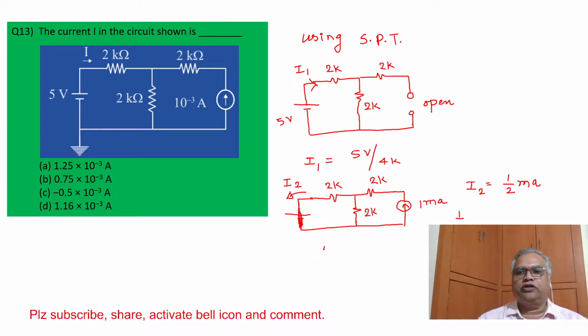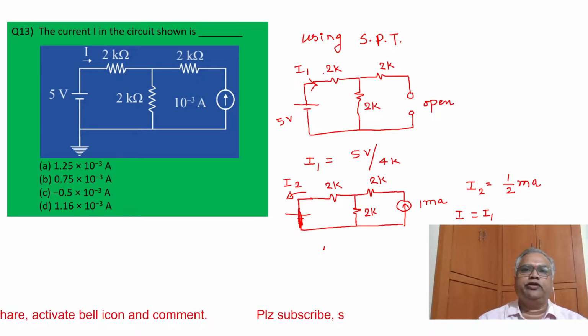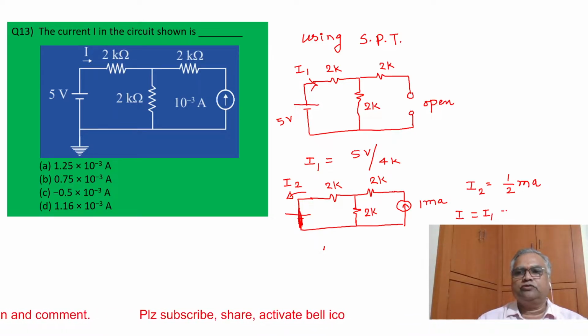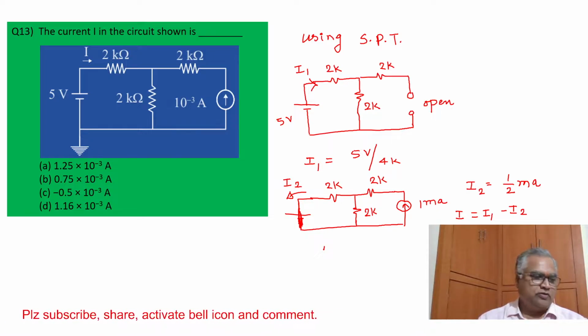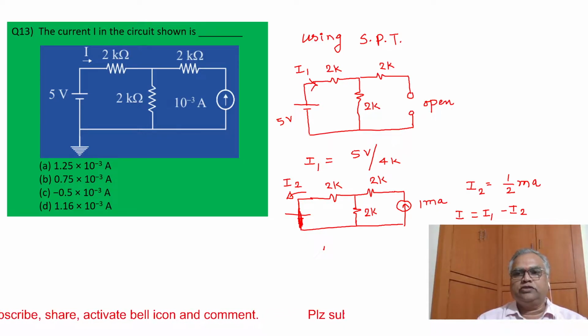What is the total current I? I1 is going this way, I2 is going opposite, so it is I1 minus I2. This is 5 by 4 milliamps minus 1 by 2 milliamps.